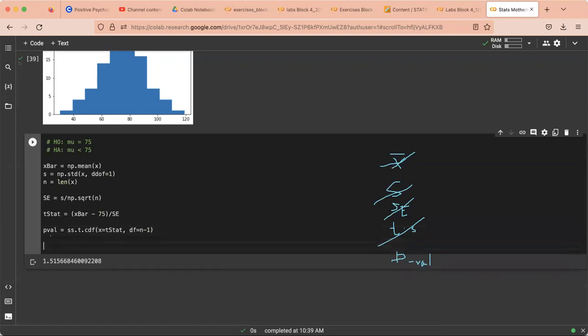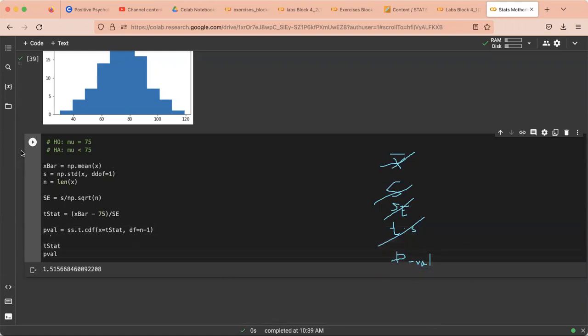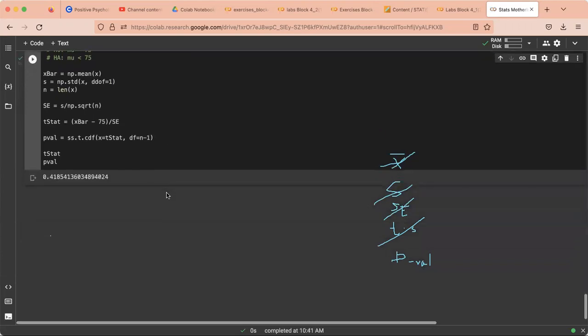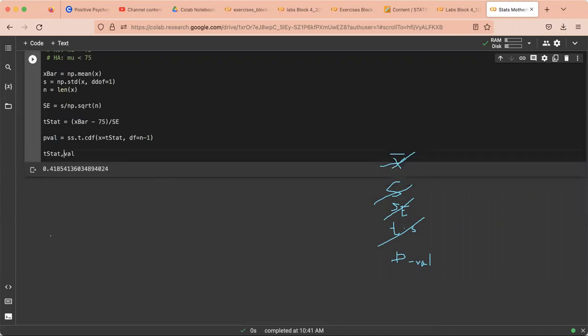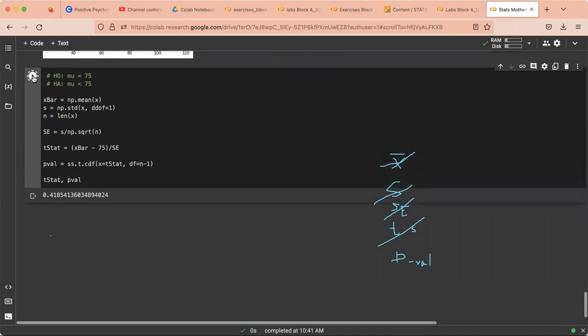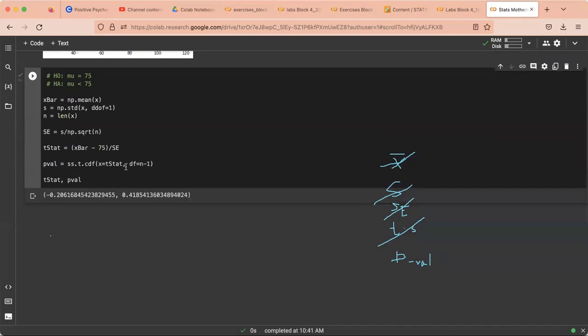So let's do tstat and your pval. If everything runs, it is telling you that your p-value is 0.4185.